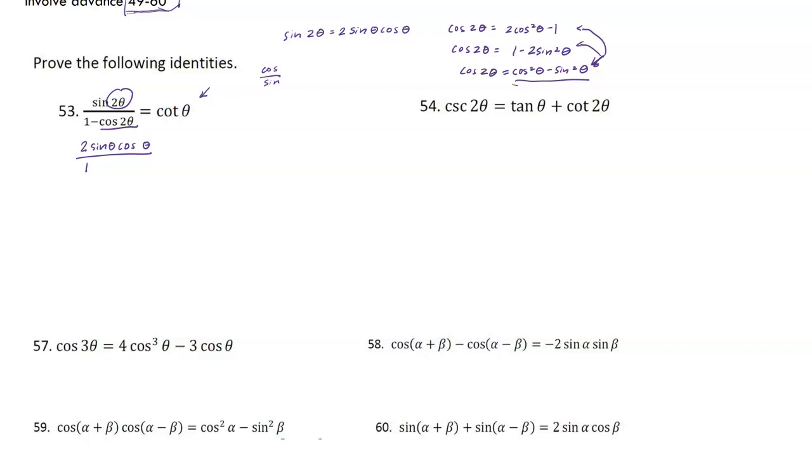But then I need a sine. So I'm going to use the sine. So 1 minus that entire cosine of 2 theta. I'm going to put a parenthesis around it. I'm going to put 1 minus 2 sine square theta. Okay, so let's go ahead and clean up that denominator and distribute the negative.